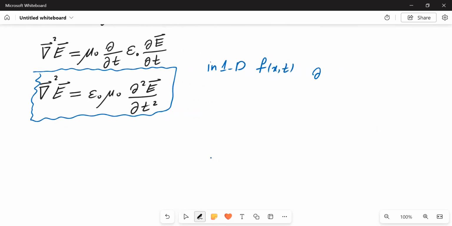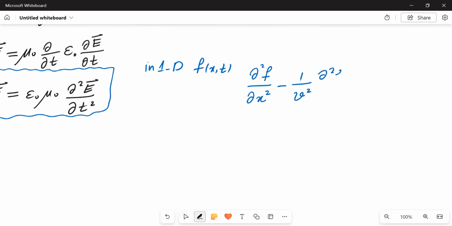The second derivative of f with respect to position minus 1 over v squared times the second derivative of f with respect to time is 0.